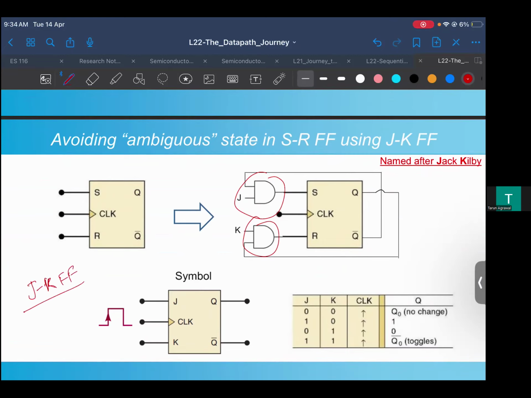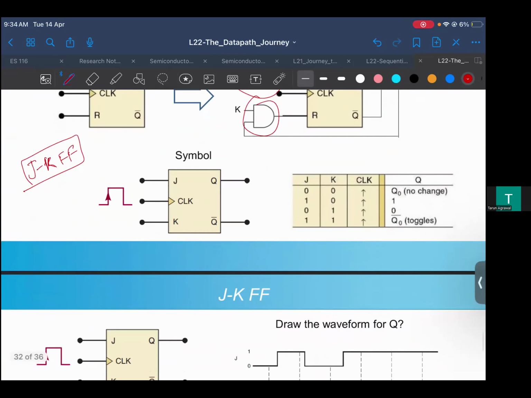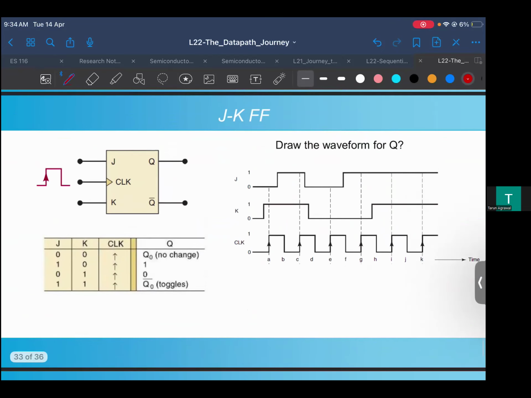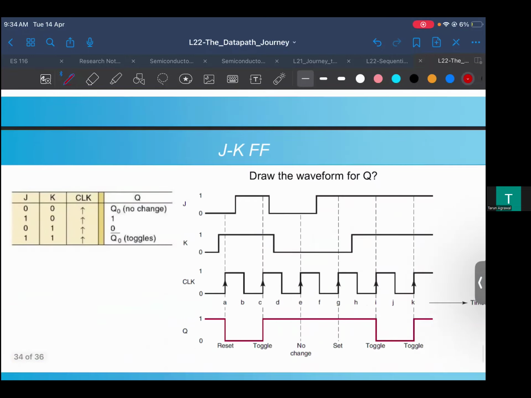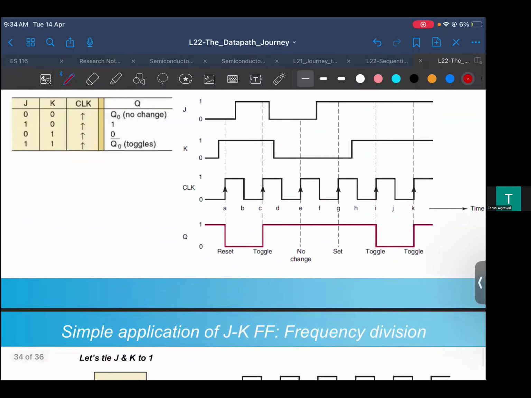So if one is defining a JK flip flop, they can get it using the SR latch which we have seen in the past. Then you can plan and just draw the waveform. You can practice that. And for the JK flip flop, I think that is all.